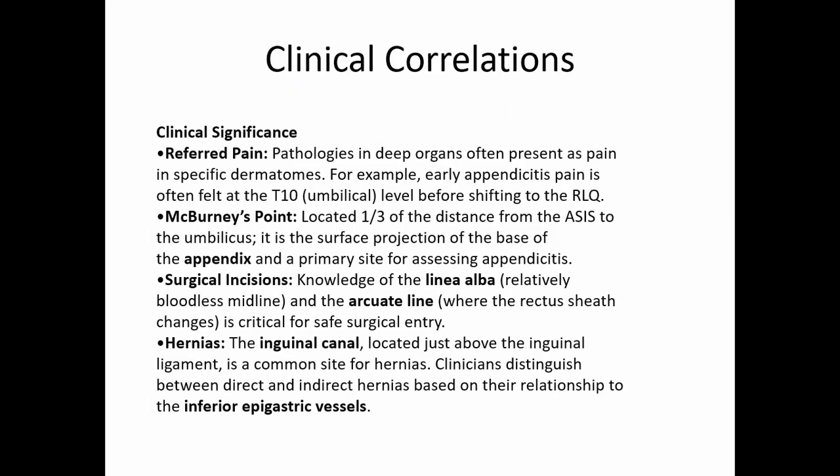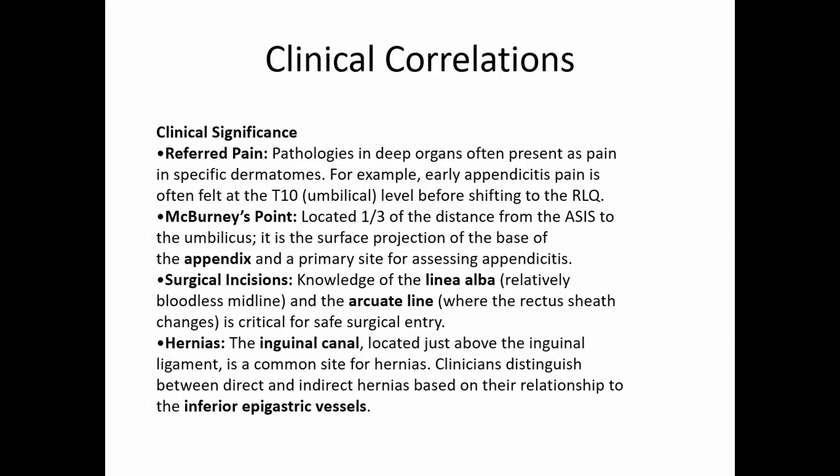On examination point of view, we must know the dermatomal patterns, and for the treatment point of view, we are telling about the surgical incisions. So first of all, examination point of view, one example I gave earlier, the Murphy's point and the referred pain in the cholecystitis, which is felt at the shoulder.